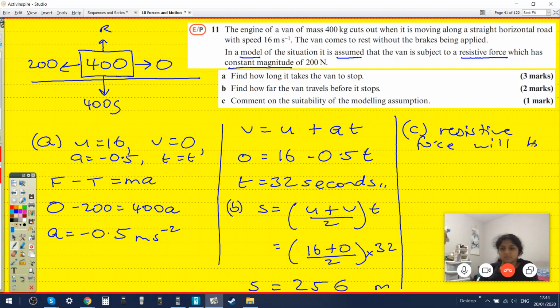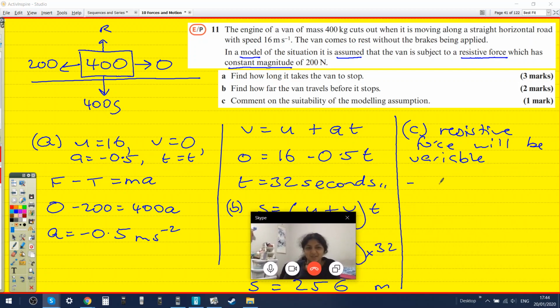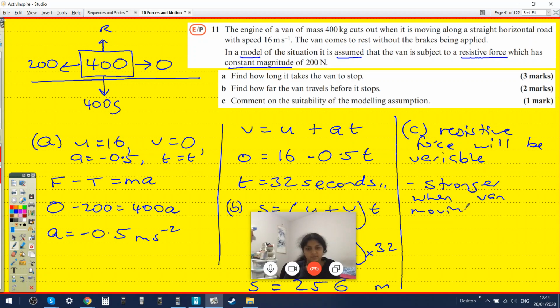How will it vary? Because the driving force is changing, so the resistive force will also change. I'd say it's stronger when the van is going faster, and then obviously weaker when slower.